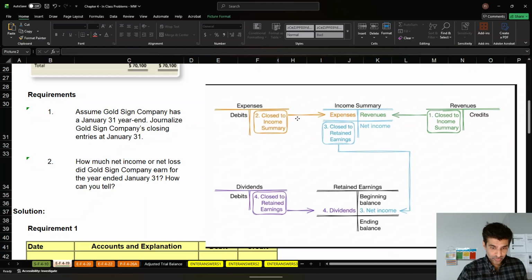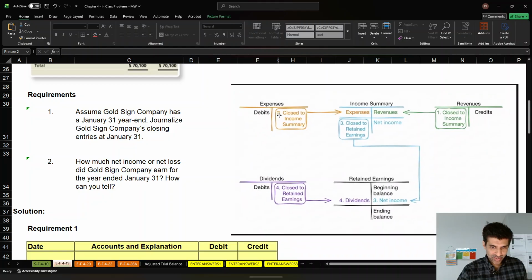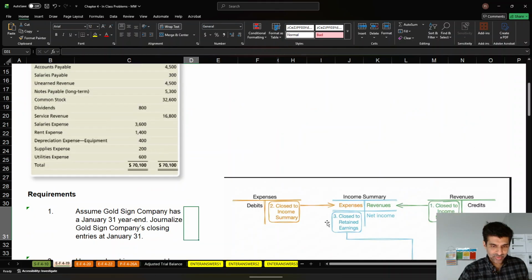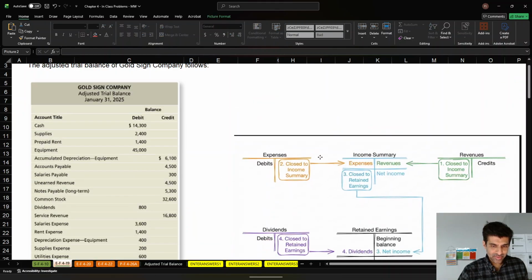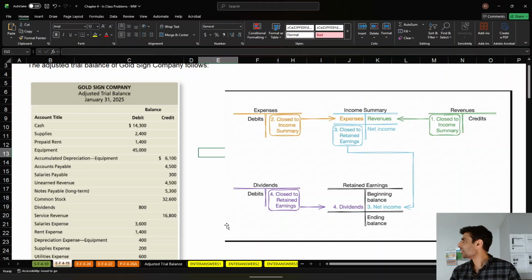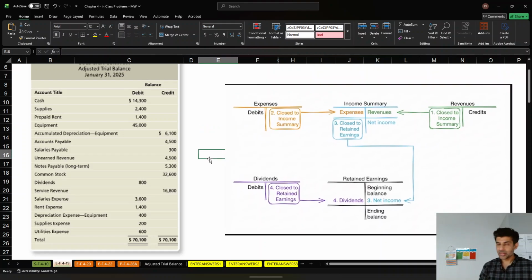There will be 4 journal entries, and they're all color coded. It shows you what the debit is and what the credit is, so you just need to apply this abstract diagram to the specifics of this particular company and their adjusted trial balance. Go ahead and try that, and then we'll reconvene.